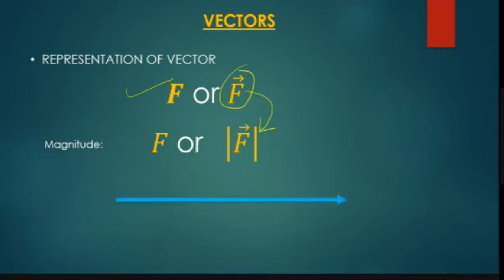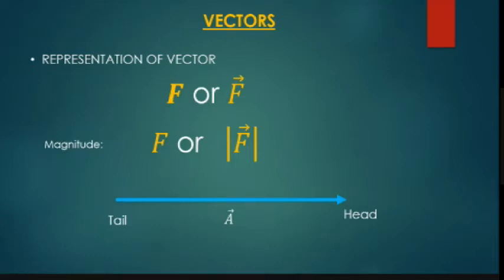And how do we graphically represent a vector? Here we draw an arrow. For this example, this is vector A. This portion is called the tail, and the other portion where the arrow is, that is called the head.